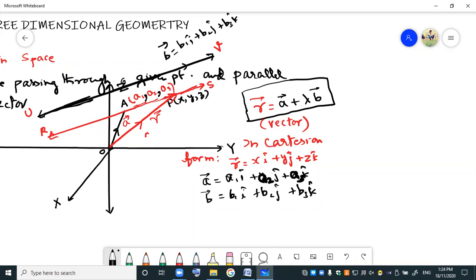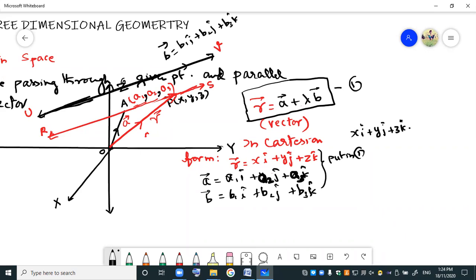Now you can substitute this in equation number 1 to convert into the Cartesian coordinate system. When you put it in, instead of vector R, you will write xi plus yj plus zk on the left side.